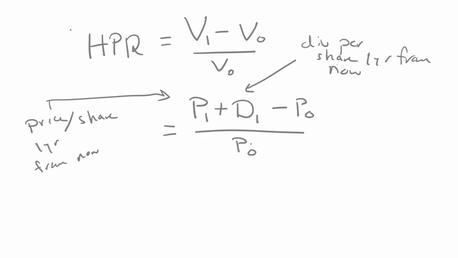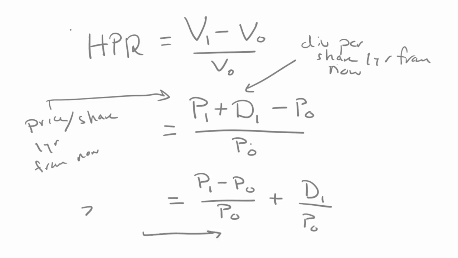So this is the holding period return, and we can manipulate it a bit to read something like this. So this first term here is the percent capital gain. So it's the change in price divided by previous price. And this guy right here, it's the dividend yield.